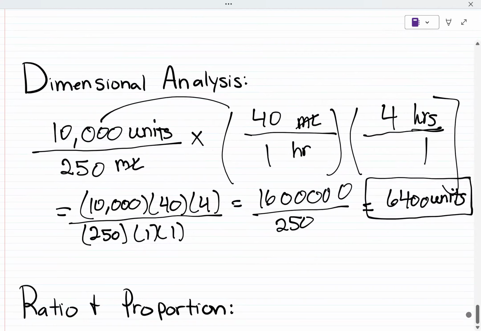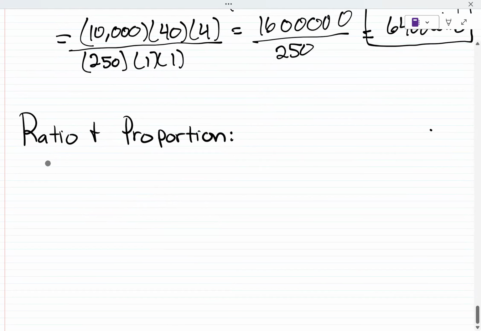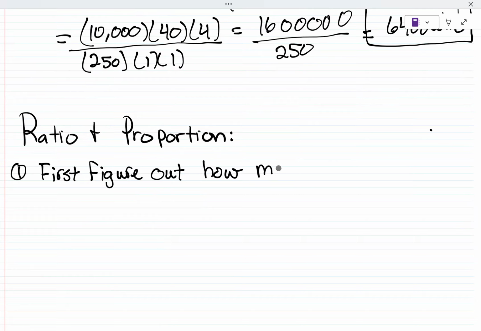Can we do the same problem with ratio and proportion? I think we can. So with ratio proportion, you have to first figure out how many units are there in 40 milliliters per hour.